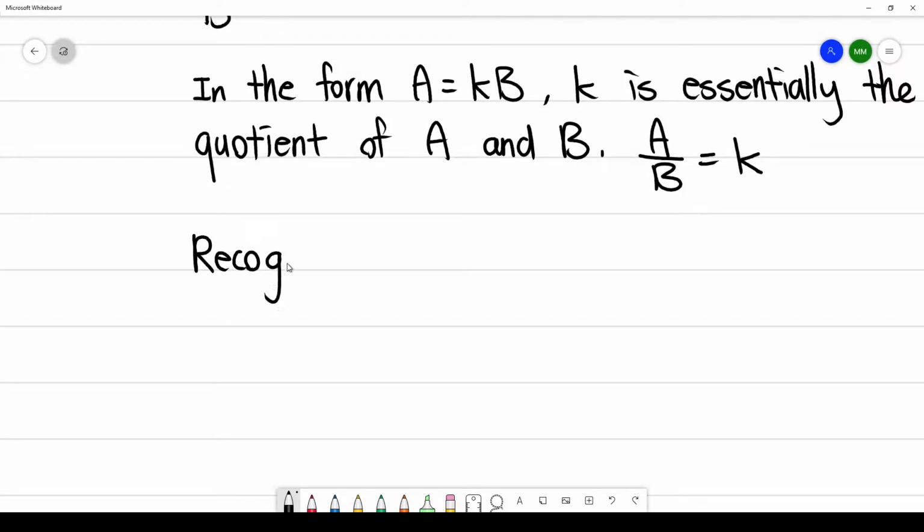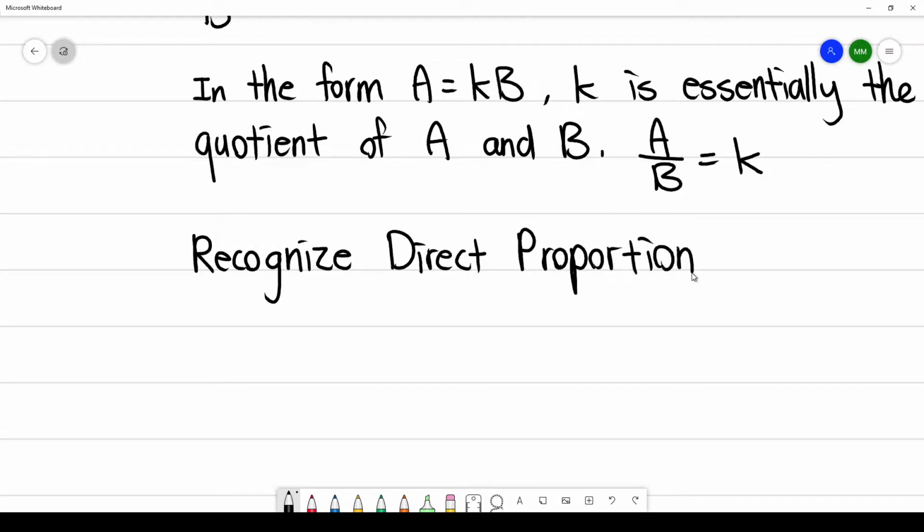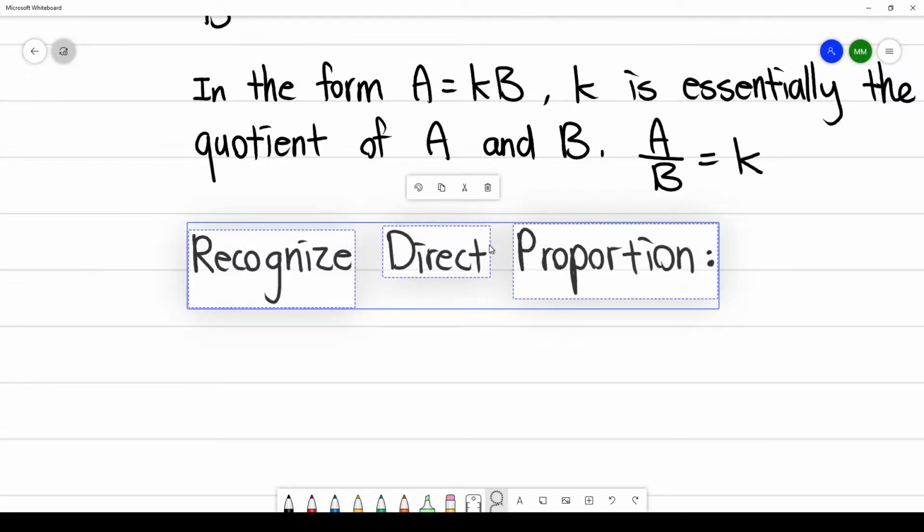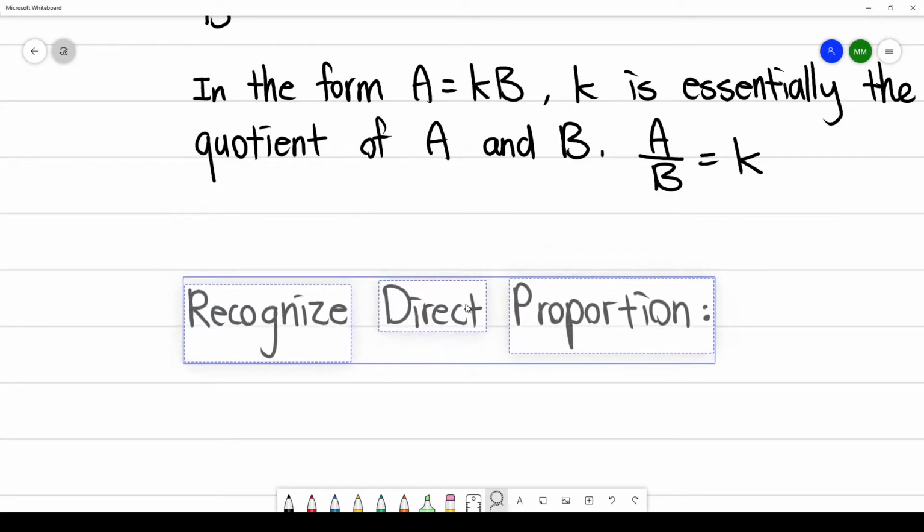If you want to know how to start solving a question, because right now I'm telling you that all these questions are proportions, but in an actual contest, they won't tell you this is a proportion question, so you have to recognize it yourself. Or in real life, it also helps, because when you see something, you can recognize that this is direct proportion or indirect proportion.